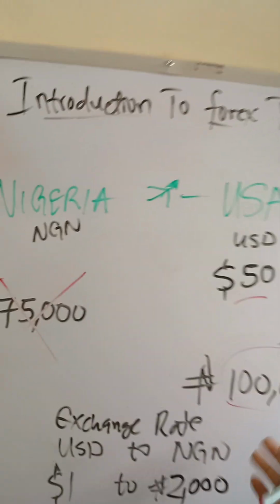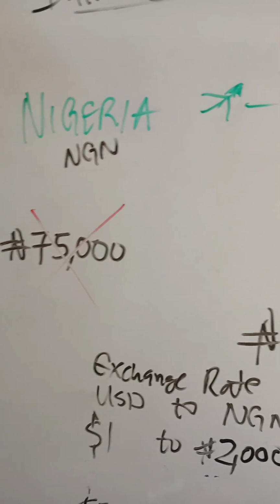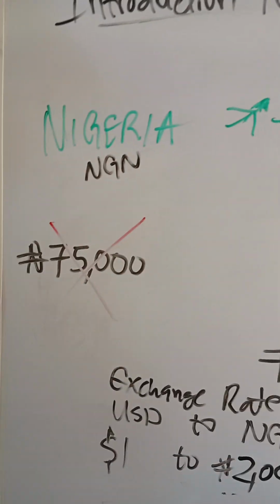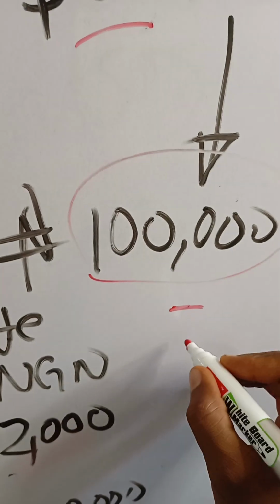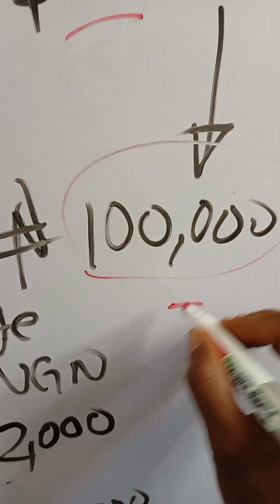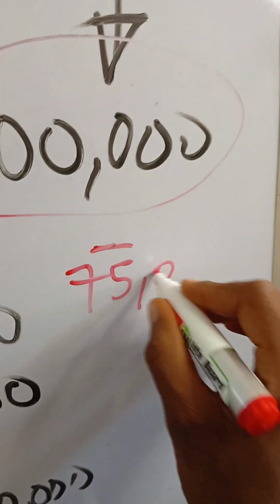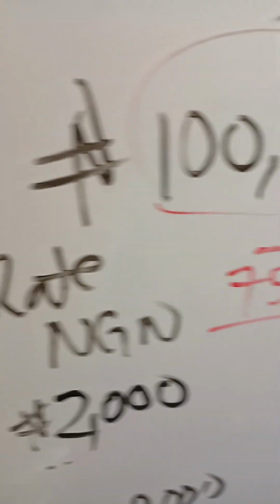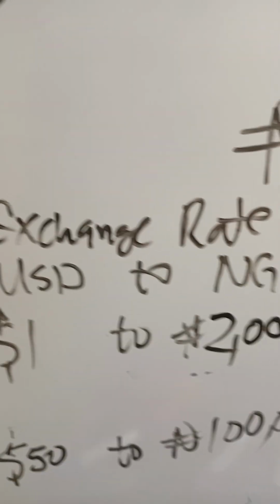So now minus this your 100,000 naira minus the initial money you gave them when you were traveling to United States. That's 100,000 minus, you should understand this is minus, guys. Minus your 75,000 naira that you initially gave them. What will be left with you? Let me use a green marker for this.